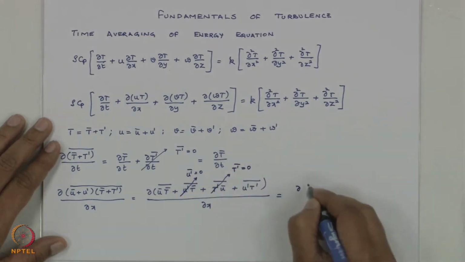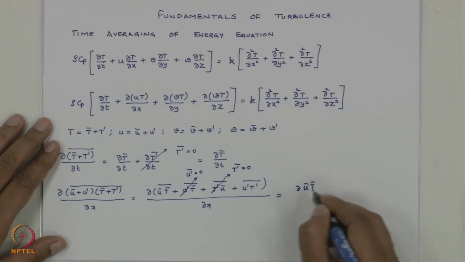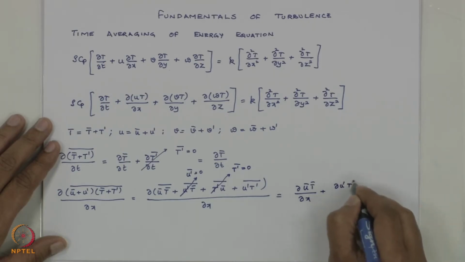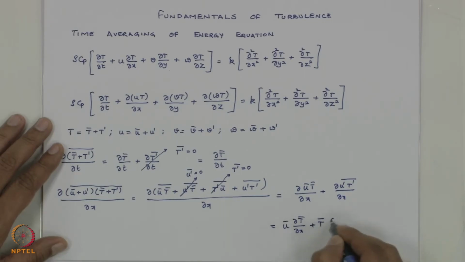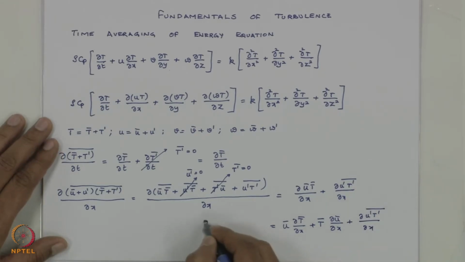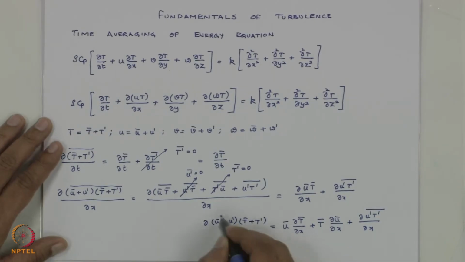So you get ∂(u'T̄)/∂x + ∂(u't')bar/∂x, that is nothing but ū ∂T̄/∂x + T̄ ∂ū/∂x + ∂(u't')bar/∂x.